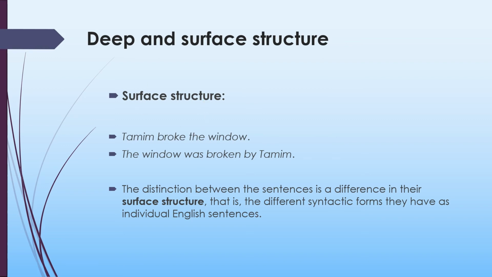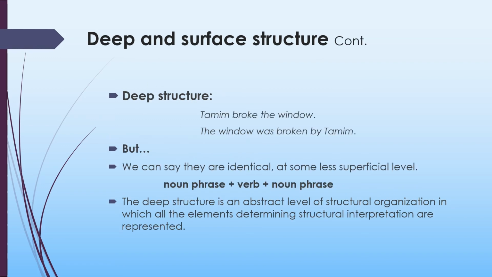But if we look more in depth, we will find that though these sentences have differences in their surface structures, they are almost identical at a less superficial level, which we refer to as deep structure.